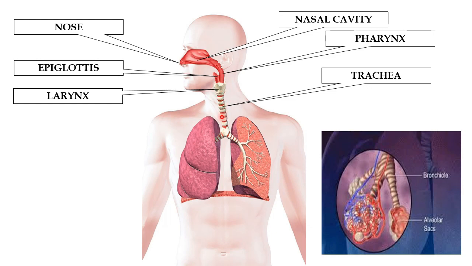Now, as the air enters the trachea, this is the main passageway of air into the lungs, going down to our lungs. Our lungs help us to have the oxygen that we breathe so that it can enter the red blood cells and get rid of carbon dioxide when we breathe out.